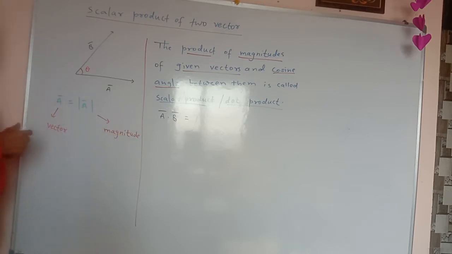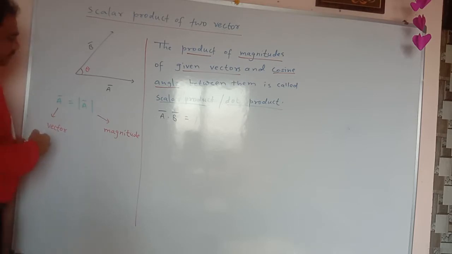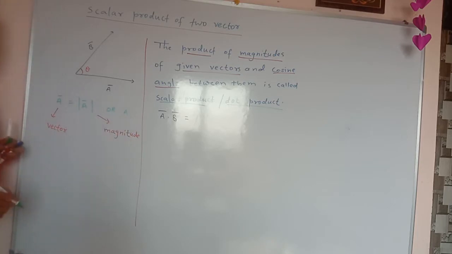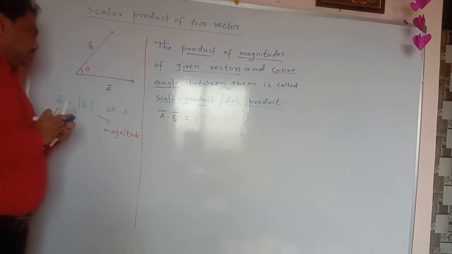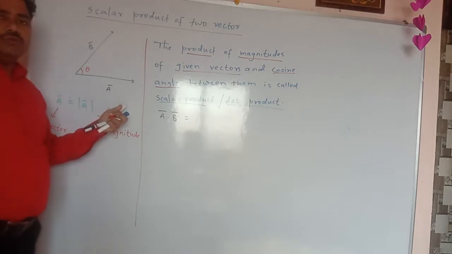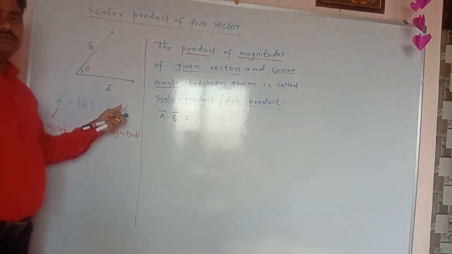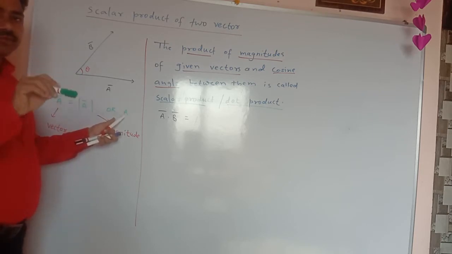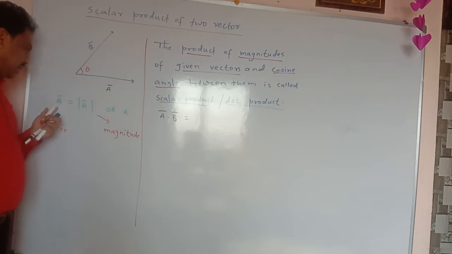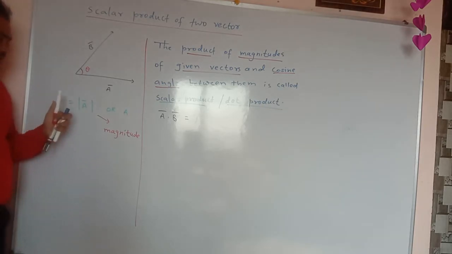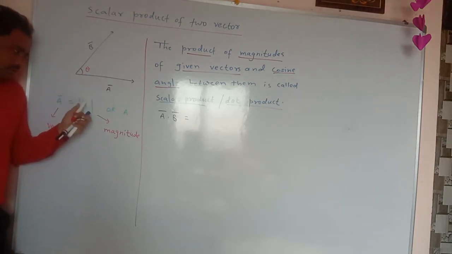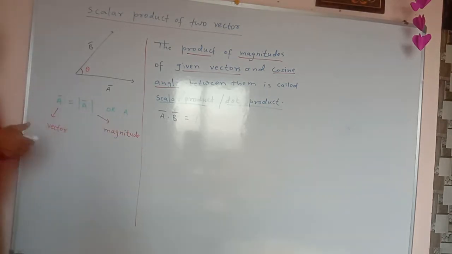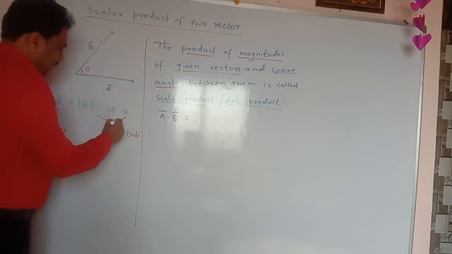This magnitude can be written as mod of vector A, or simply A. Do not put a bar or arrow on the head of this capital letter A. Just write simply A. So mod of vector A or simply A are the representations of the magnitude.